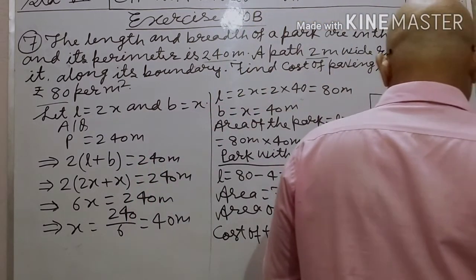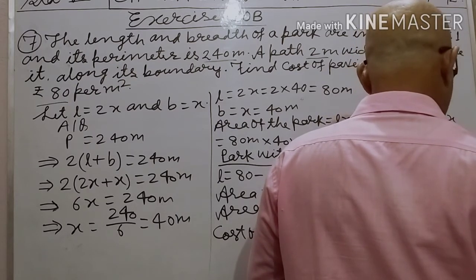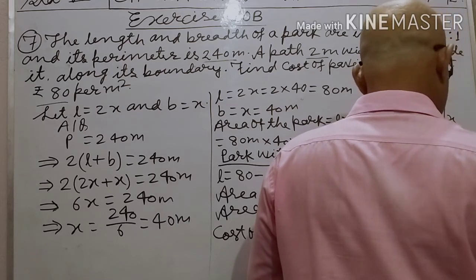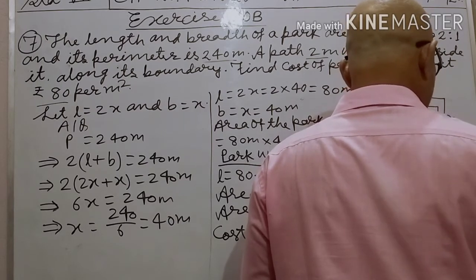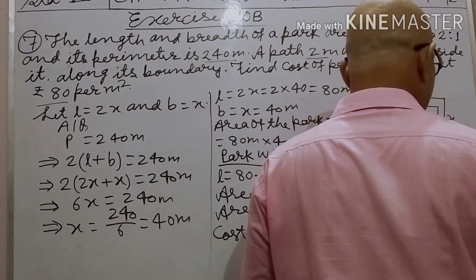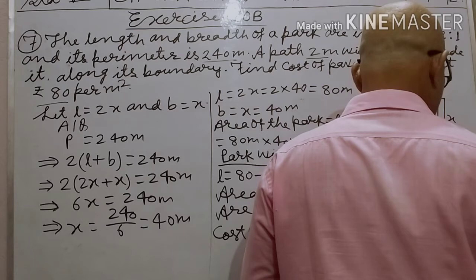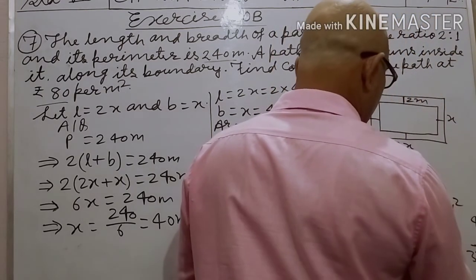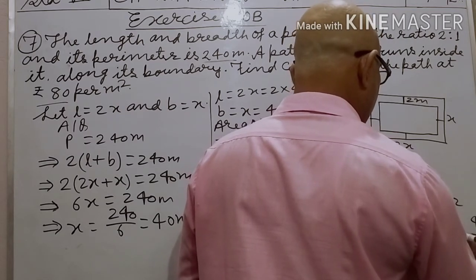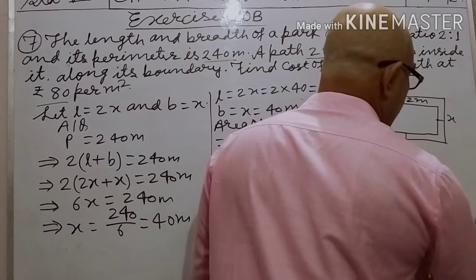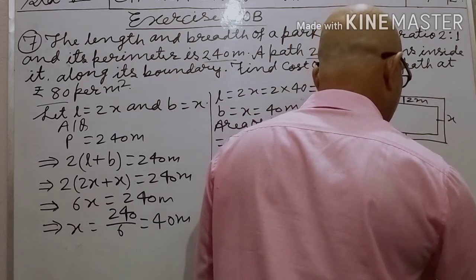Multiply 464 by 8 and keep 0. 8 4s are 32, carry 3. 6 8s are 48, plus 3 is 51, carry 5. 4 8s are 32, plus 5 is 37. Equal to rupees 37,120. 37,120 is the answer.